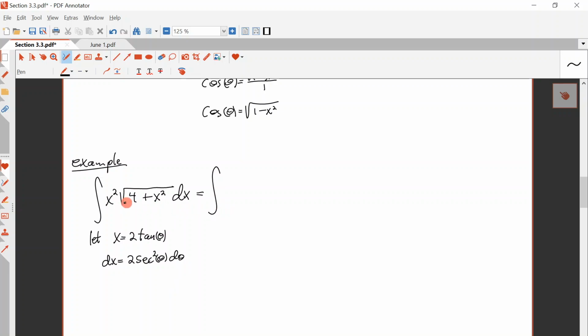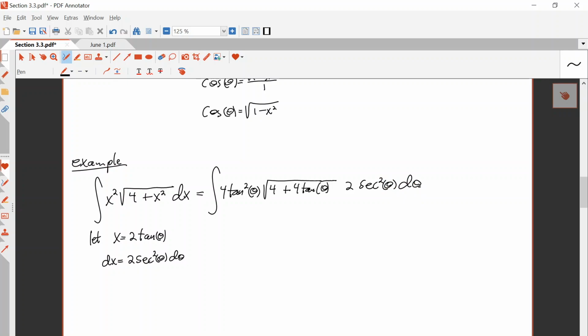So it becomes the antiderivative of x squared, which is 4 tangent squared theta, times the square root of 4 plus x squared, which is again the square root of 4 plus 4 tangent squared theta, and dx is 2 secant squared theta.